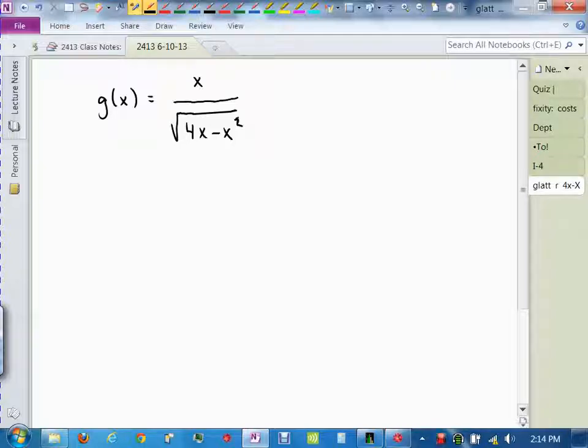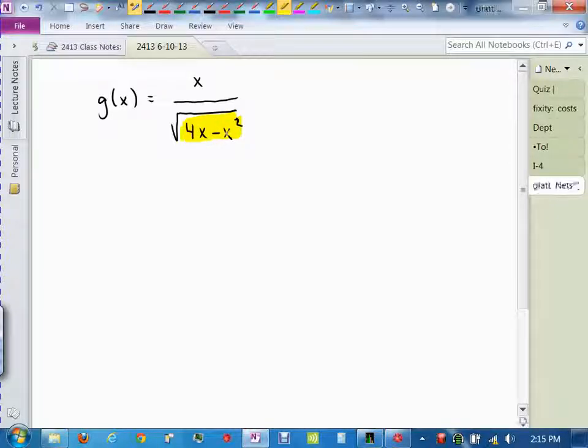All right, what about this one? What are the things we're concerned about here? Yeah, there's a couple of things, right? First of all, what's inside of this? The thing under the square root is called the, anyone remember?